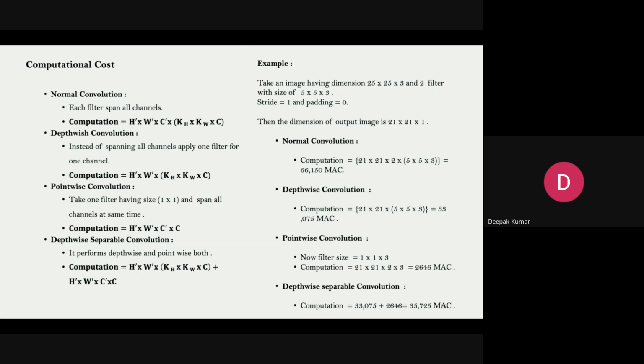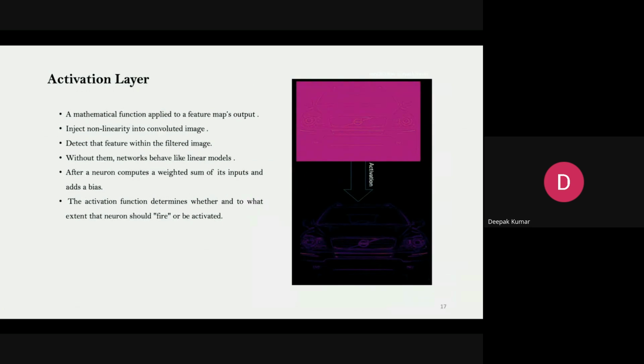Any questions till here? Because we summarized the major convolution operations in CNN. Convolution is the base of CNN, that's why it's named CNN. So if someone has doubts up to here, please ask. Don't hesitate.